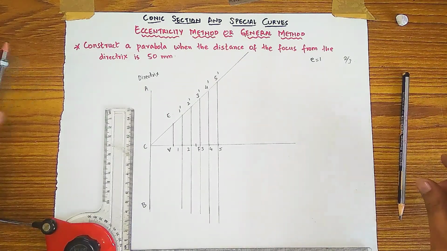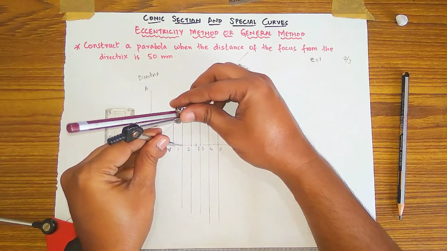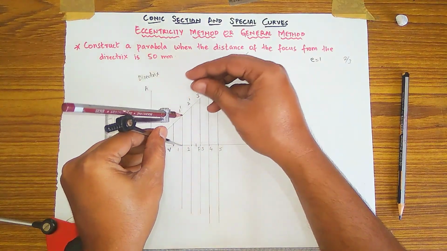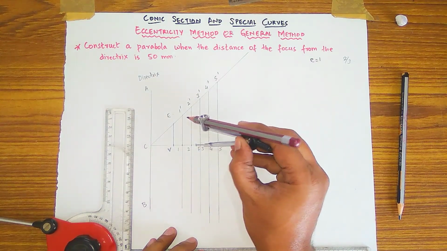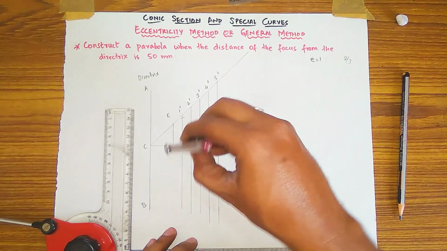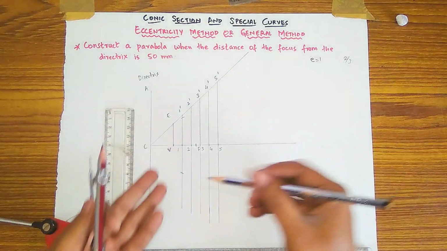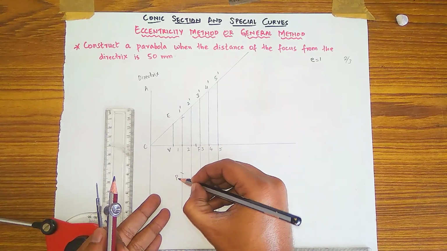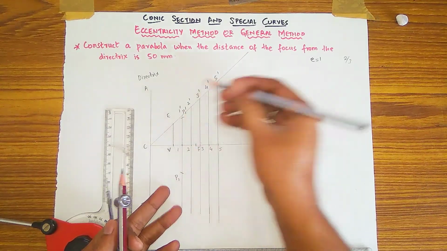Then take your divider and measure the distance from 1 to 1 dash, and keeping on focus F, take an arc on that perpendicular line like this. Then label this point P1 and this P1 dash.